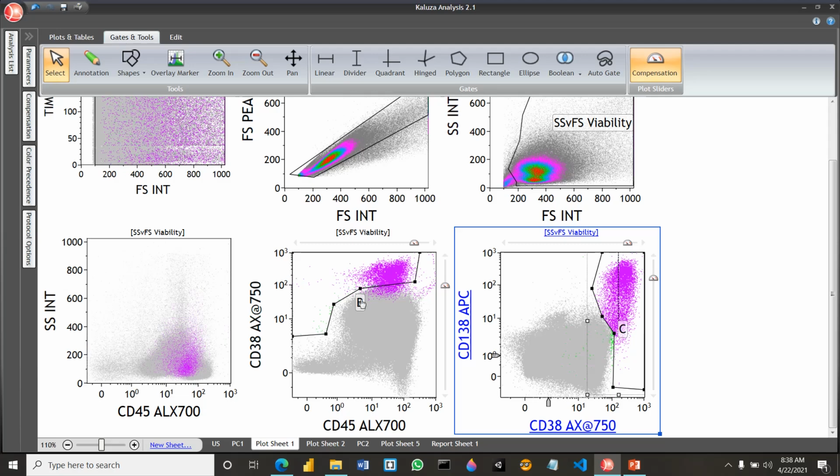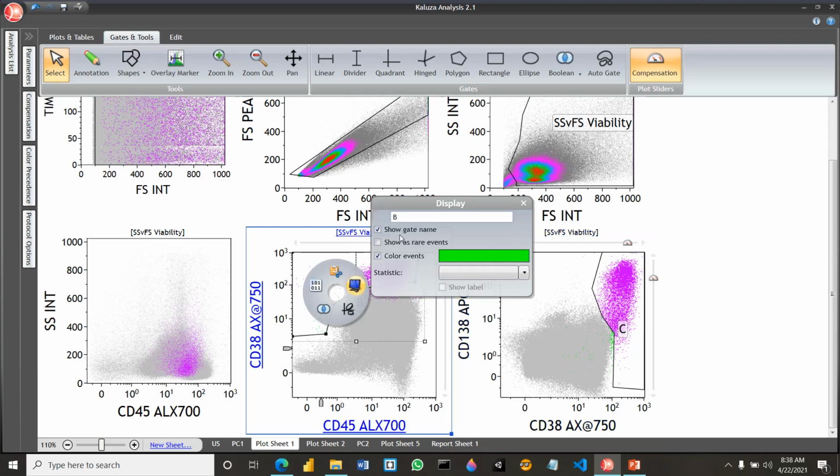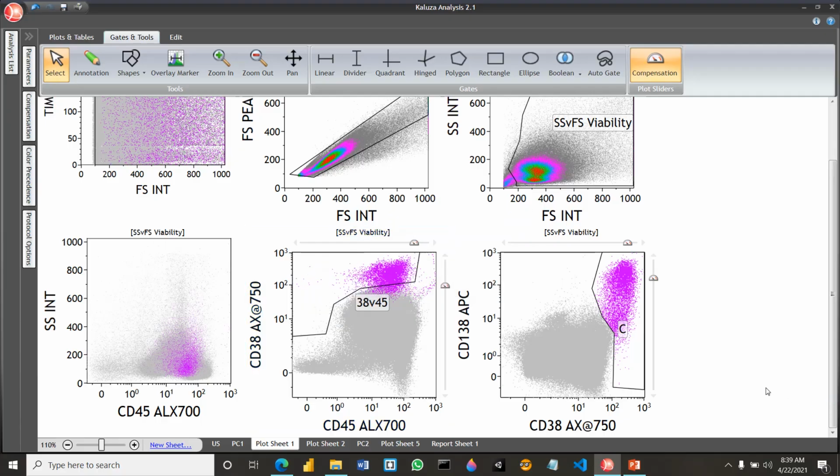So yeah, we can label this gate as CD38 versus CD45, and before putting this gate, you see that we have included all the cells which were positive in this gate, right?